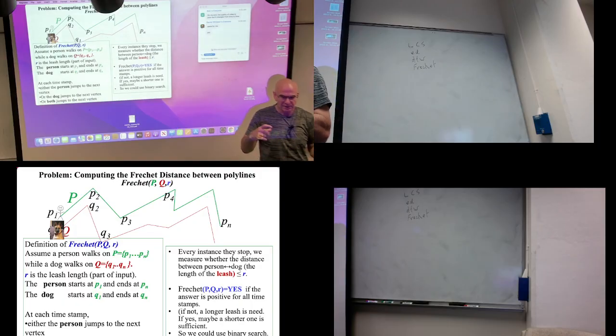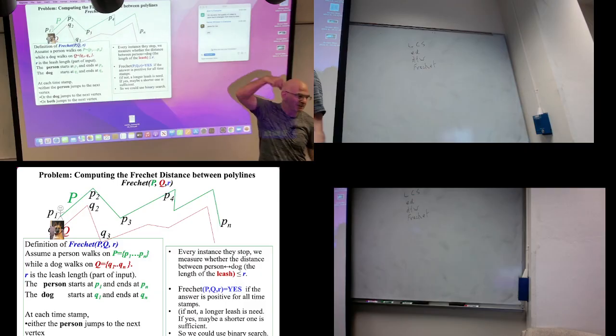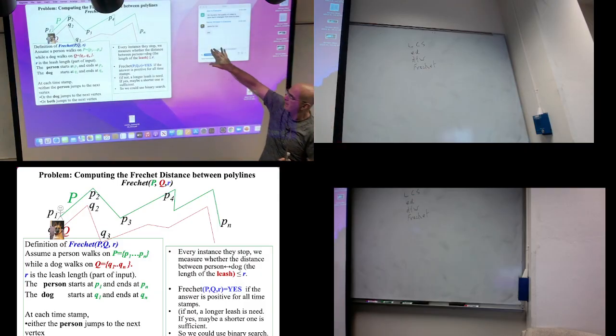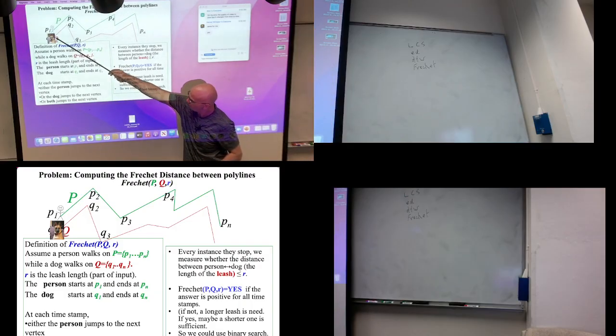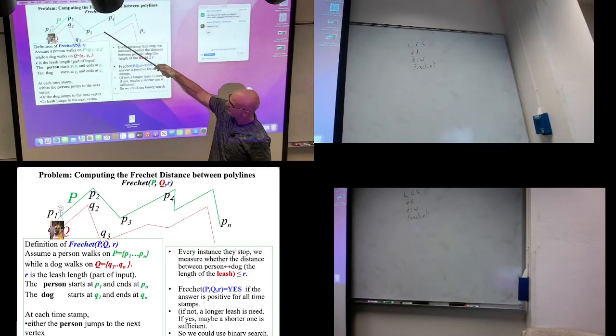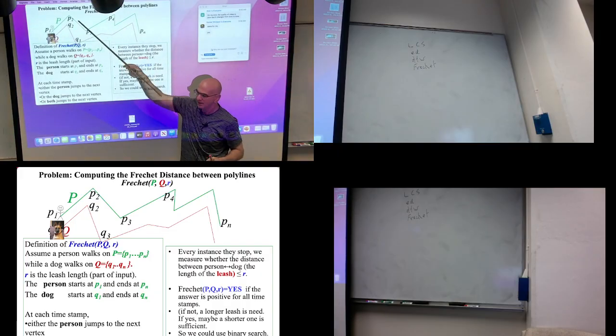Frechet doesn't ask about the overall sum of the length of the leash, it asks what is the maximum. What I want to do is find the smallest length of a leash for which I can find a schedule of the dog and a schedule of the man.